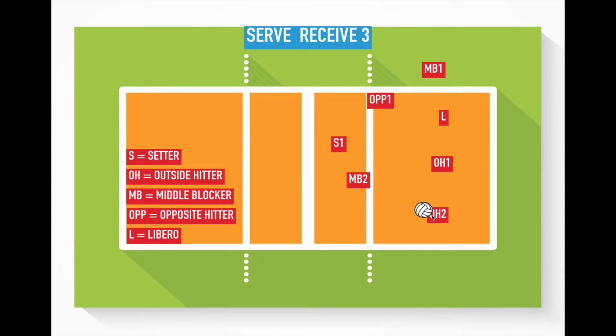It goes to the outside hitter, so she passes first, then she becomes a hitter. And now I have 3 hitters, so my setter has 3 choices of who to set. And again, as soon as we hit the ball over, we get back to base. So the setter comes back to her position, libero comes over here, and the outside hitter drops back.